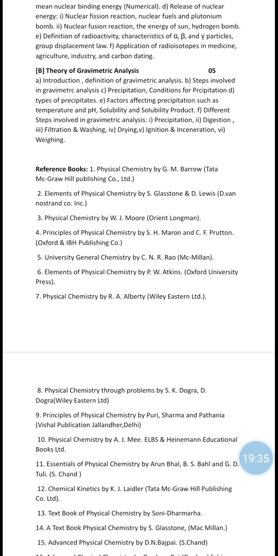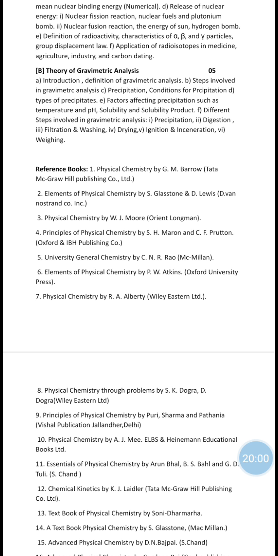Gravimetric means weight based, and in this topic we will see the analysis of various inorganic compounds or ions based on their weights. In this topic we will see introduction, definition of gravimetric analysis and steps involved in gravimetric analysis.